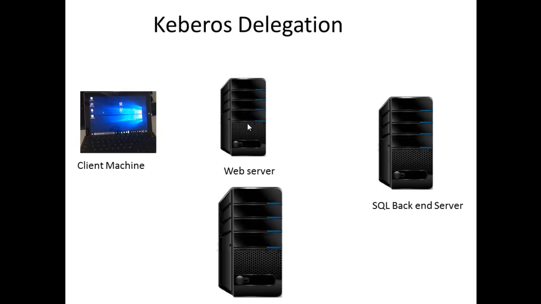So delegation then is when this middle server here impersonates the client login when connecting to the backend server. So the user then is connecting to the backend server through the web server. And this is commonly called a double hop.